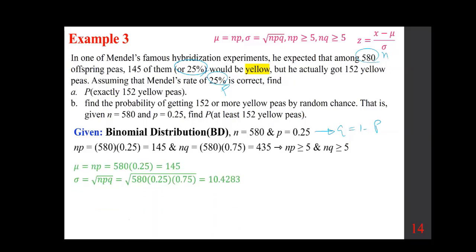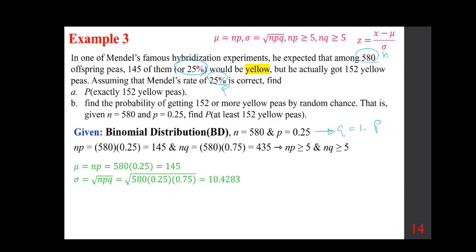So let's calculate that. Mu equals np has been already calculated as 145. Sigma, when we multiply them and take a root, becomes 10.4283. Notice it's a good practice to carry a lot of decimals, and if you are rounding, you round it at the end.